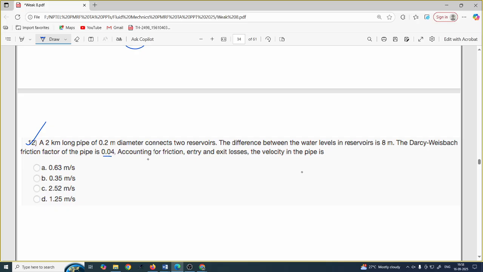Accounting for friction, entry and exit losses, the velocity in the pipe is, okay. So here the Darcy-Weisbach friction factor is given, but you need to calculate the losses due to entry and exit, and after calculating these, you need to calculate the velocity in the pipe.